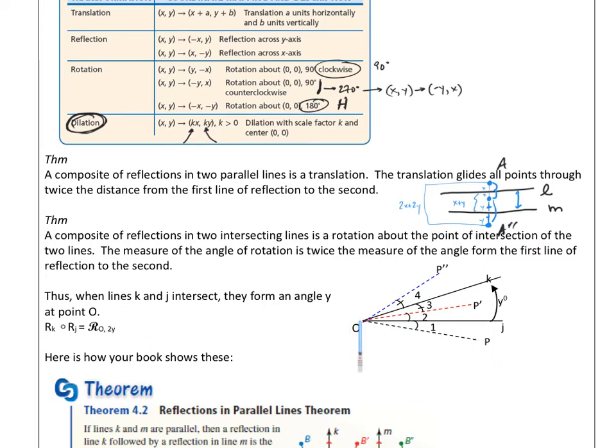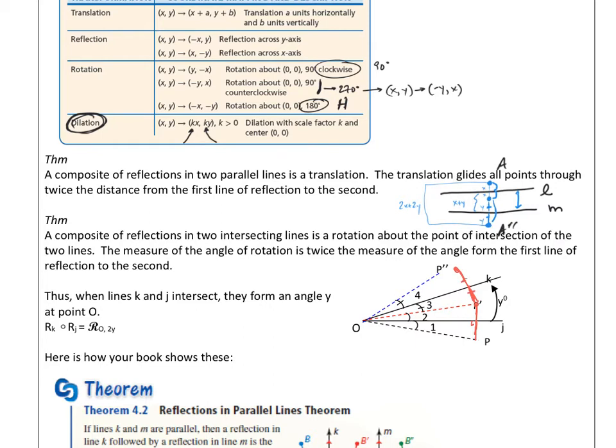If these two lines intersect each other, here's point P. I'm going to take this distance P, and it doesn't look so great in this diagram, but we're just going to do it. And there's P prime. And then we're going to do it the other way, like this, and right there. So that's P prime.